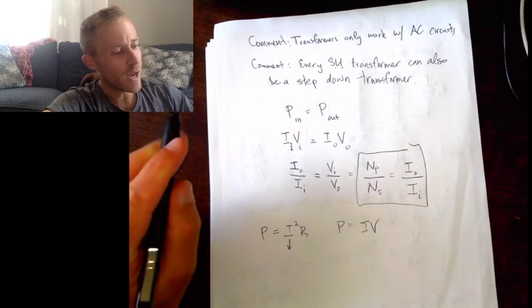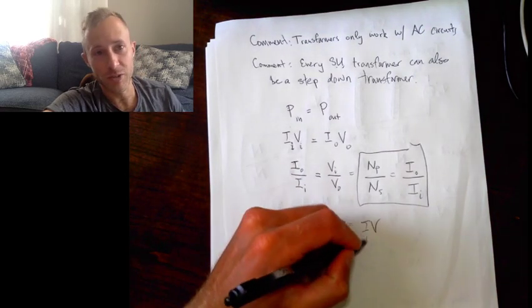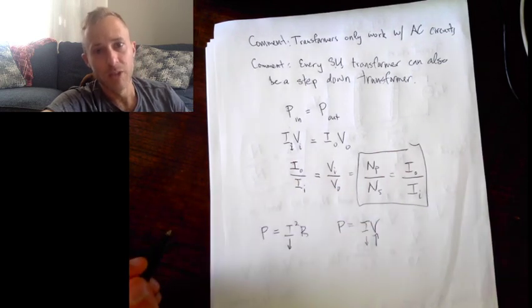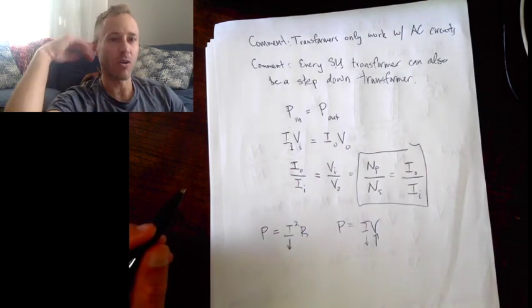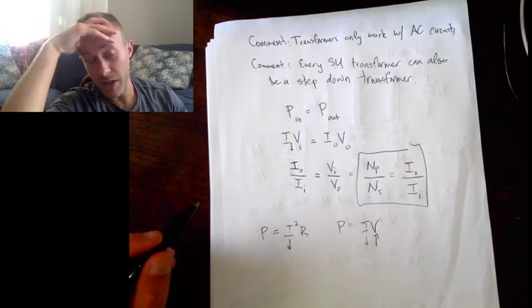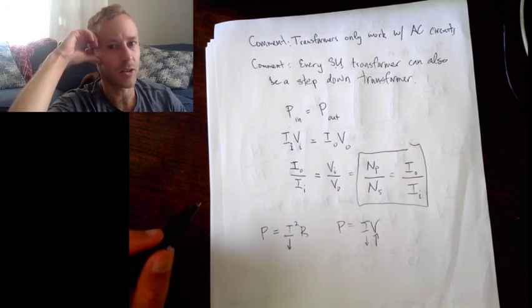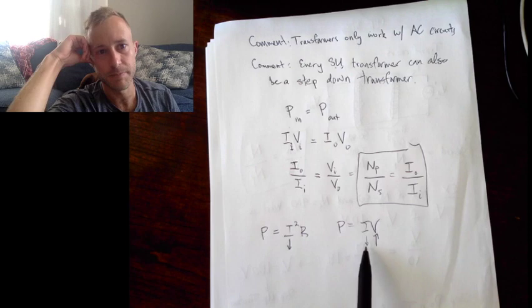So if we have to choose a small amount of current, but we still want to transmit a lot of power, we better have a really big voltage. So power is transmitted with incredibly high voltages, 100,000 volts, 200,000 volts, etc. And the reason that they do that is so that the current can be low.